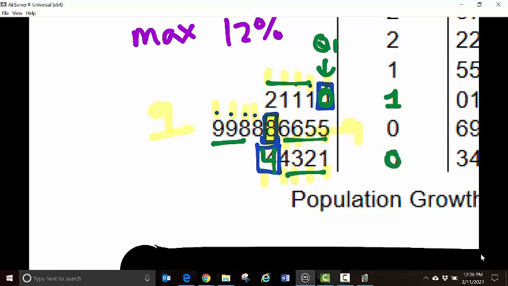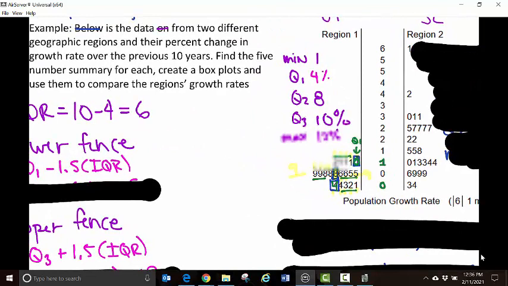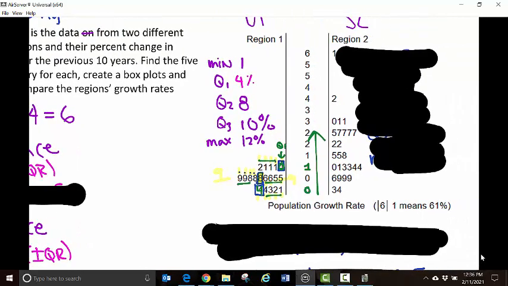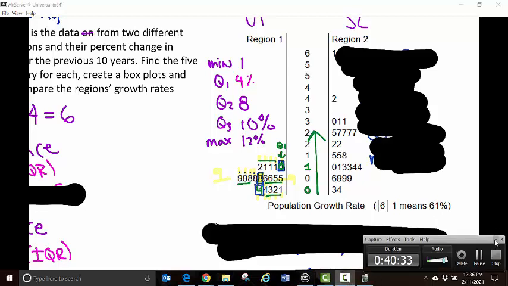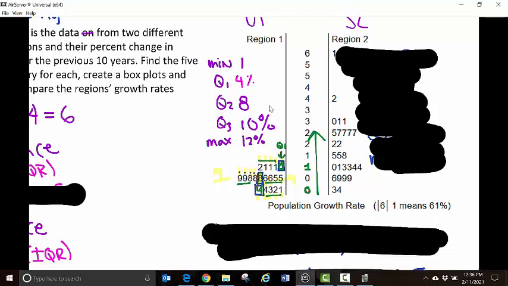Now this is a split stem and leaf plot going from the smallest up, which is just weird, but it was in your book, okay? And they're listed as percents. Notice the percent area here. So you should be able to do this by hand.